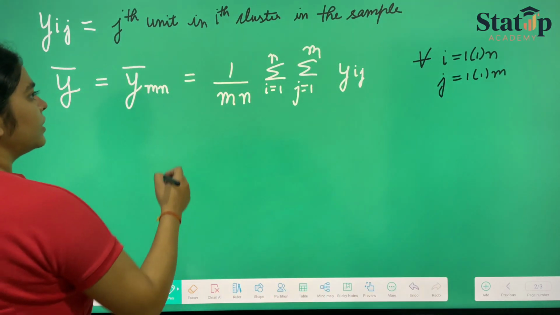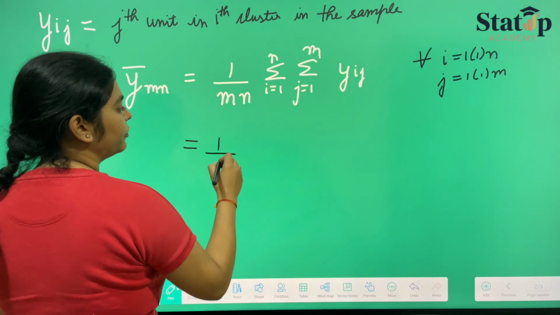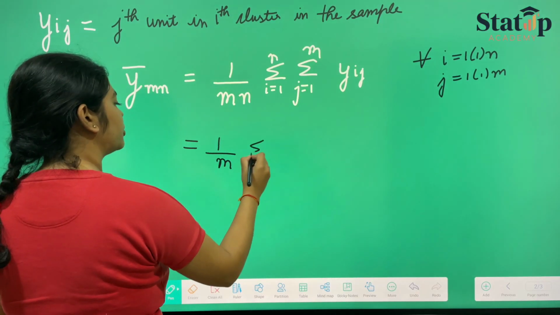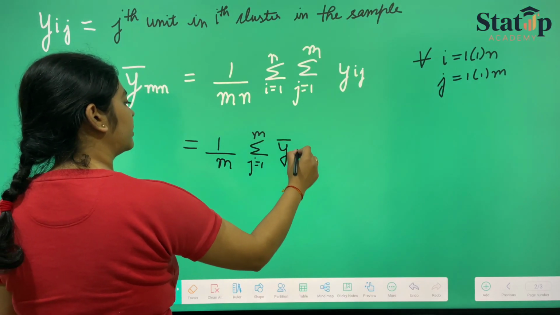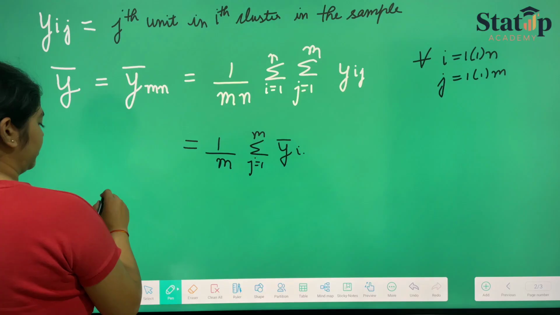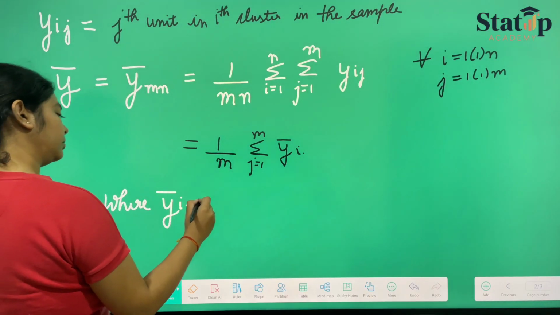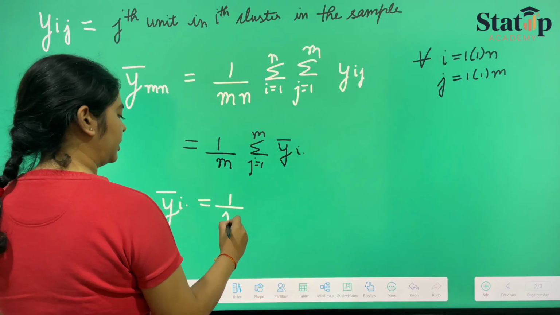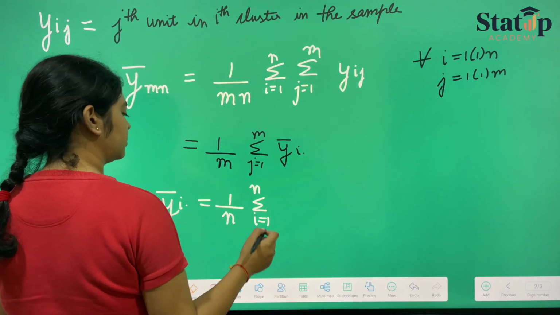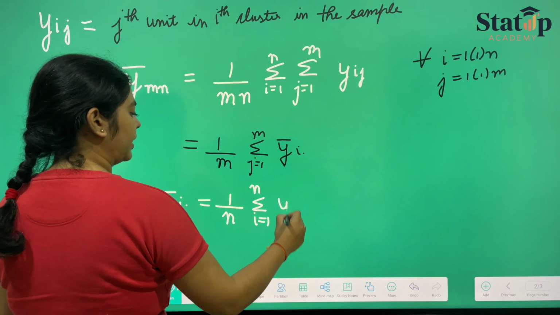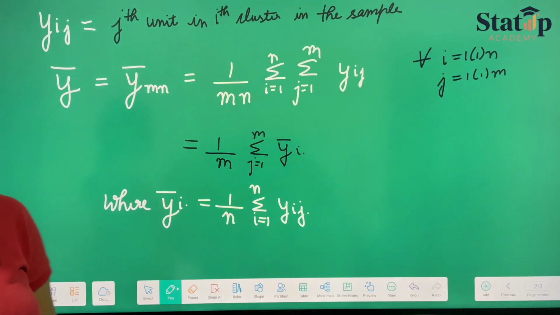Now this again can be written as 1 upon n, summation i goes from 1 to n of y bar i dot, where y bar i dot is nothing but 1 upon m summation j goes from 1 to m of yij.